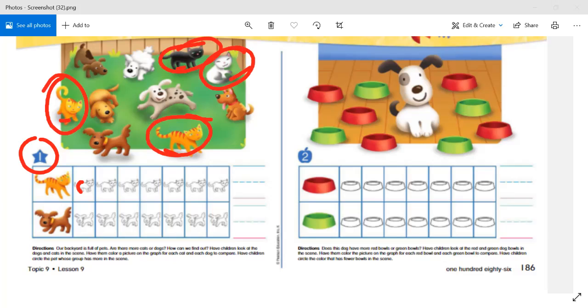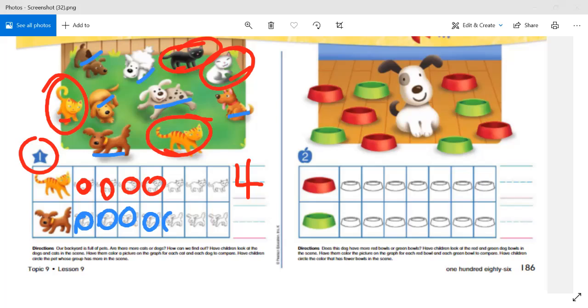So let's color in 4, and let's write the number 4 right there. Okay, now we can use a different color for the dogs. How many dogs are there? 1, 2, 3, 4, 5, 6. Let's color in 6 dogs. And let's write 6 right here.